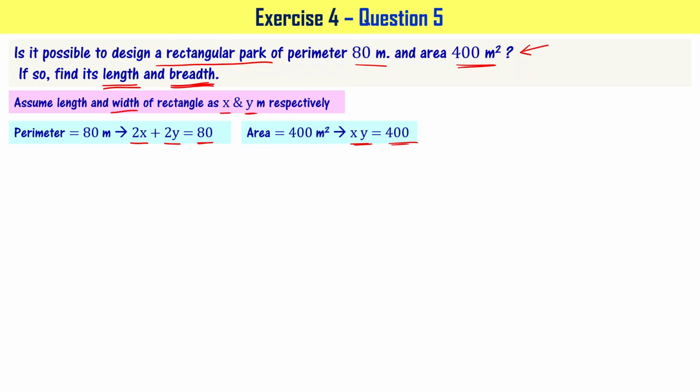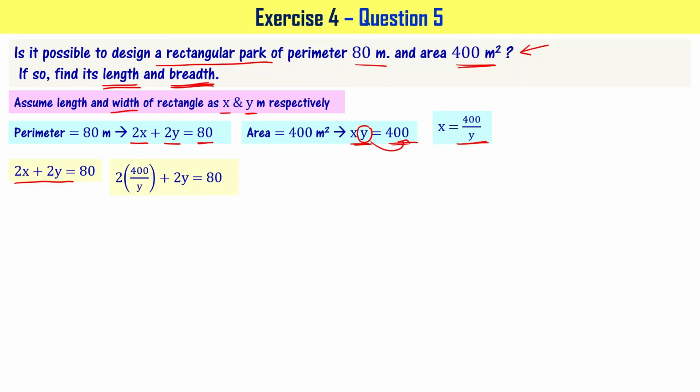Right? x times y equal to 400. What I'm going to do is transpose this y to this side so that x can be written as 400 divided by y. Now let me substitute x equal to 400 by y into this equation, right? When you do that, it is going to be 2 times 400 by y plus 2 times y equal to 80, right?